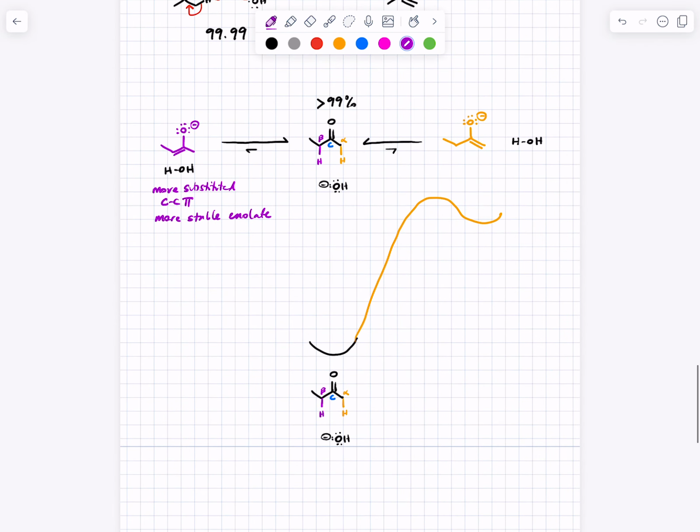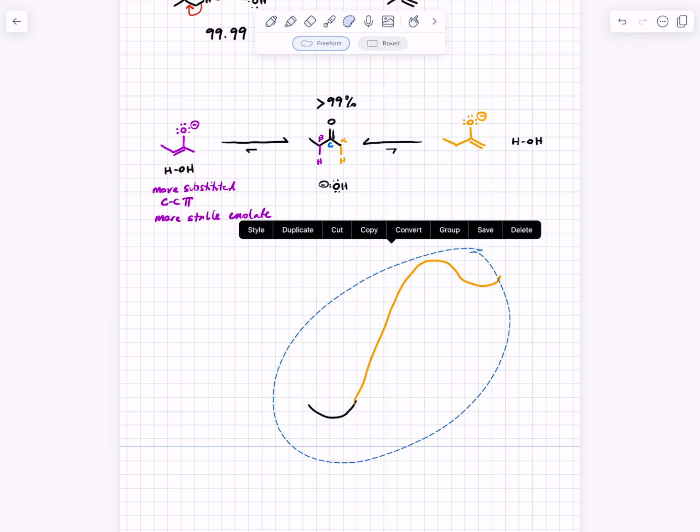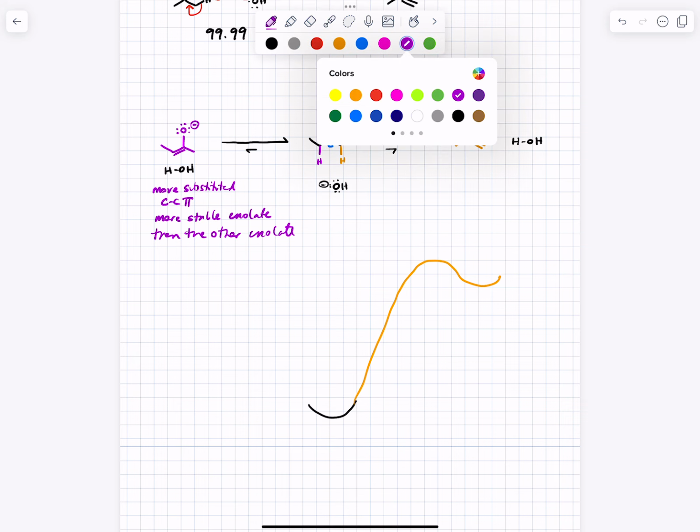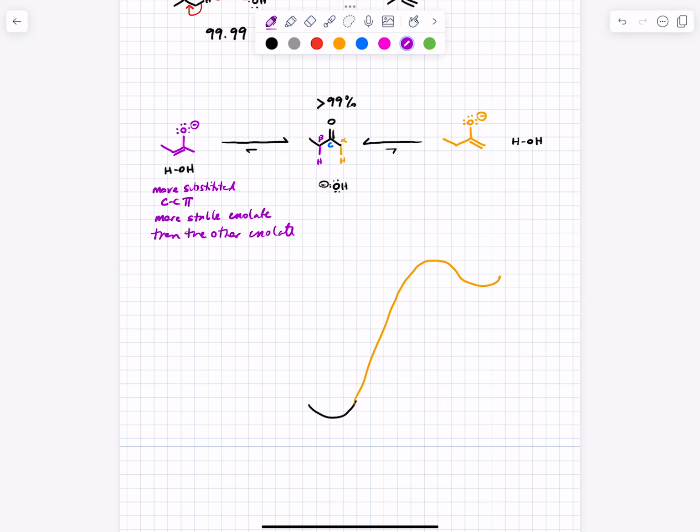Now, we have to speak precisely so that we can be understood and not misunderstood. We're not saying that that enolate is more stable than the starting material. We're just saying it's more stable than the other enolate. So in our drawing, if this is sort of the energy level of the orange enolate, let's put the purple enolate just a few lines down from that.